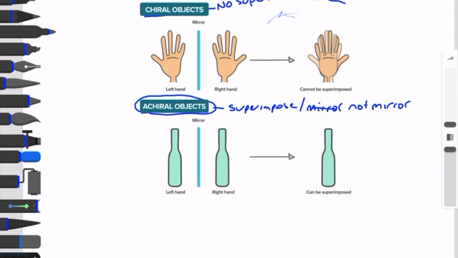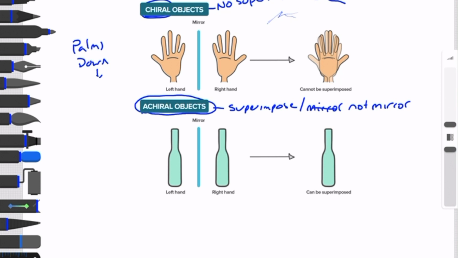What makes this chiral is, first of all, these are literally hands. Chirality means hand, okay? If you look at your hands, if they're on the same plane, say both your palms facing down, you try to put your hands over each other, that's not going to happen.